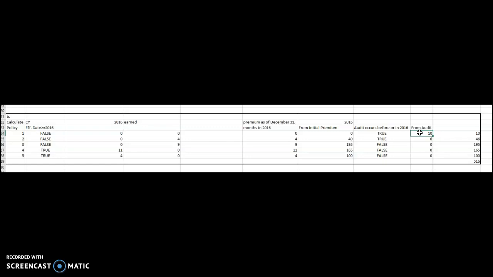Because we calculate the premium as of December 31, 2016, we can see here the audit has not happened yet. So here is 0, and we got the audit right here. So let's sum the premium part and the audit part up, and then we can see 516 will be our answer.